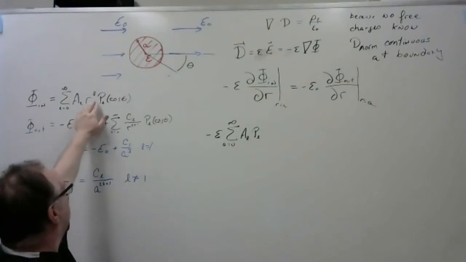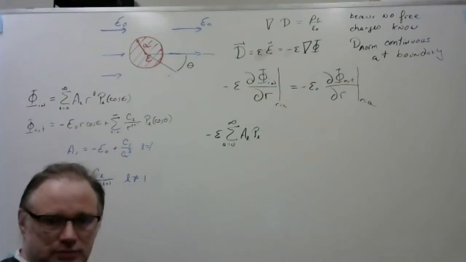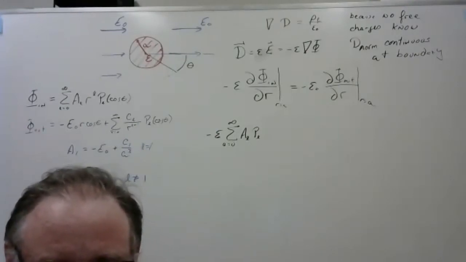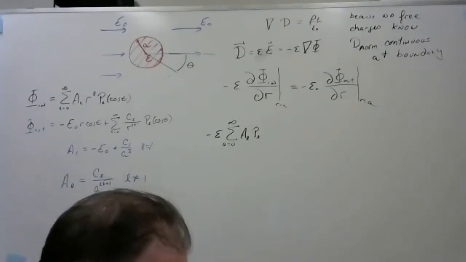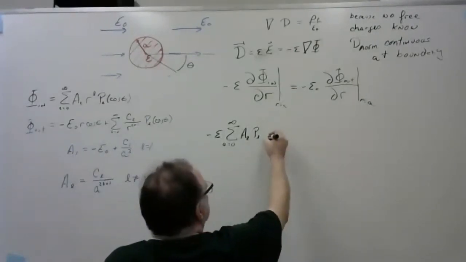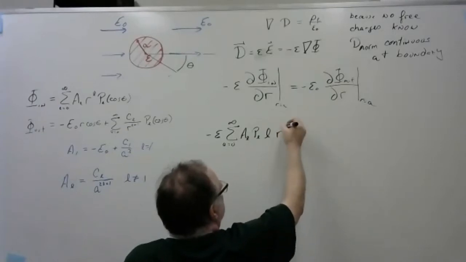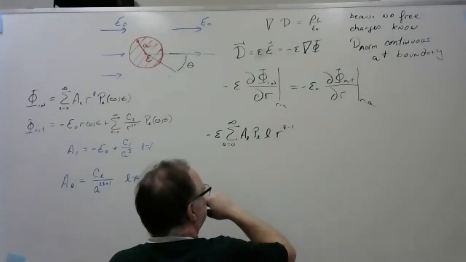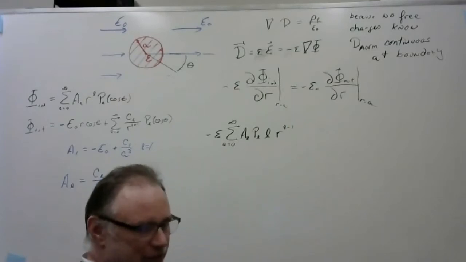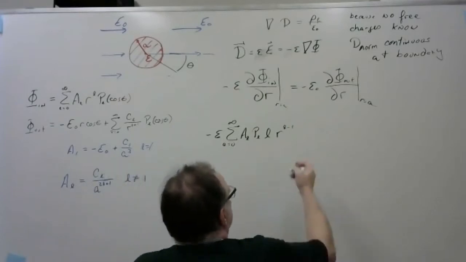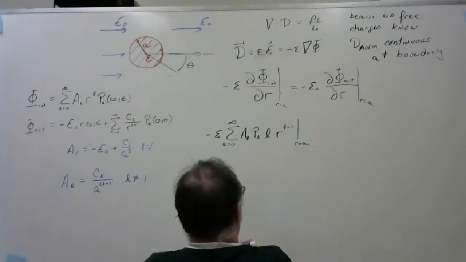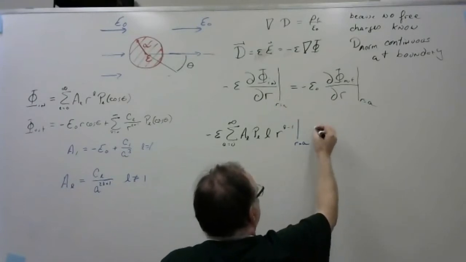I want to take the derivative of r to the L. What do I get with respect to r? L r to the L minus 1. Yep. So I get an L, r to the L minus 1. Okay? That's it. So then we're going to end up evaluating that at r equals a.